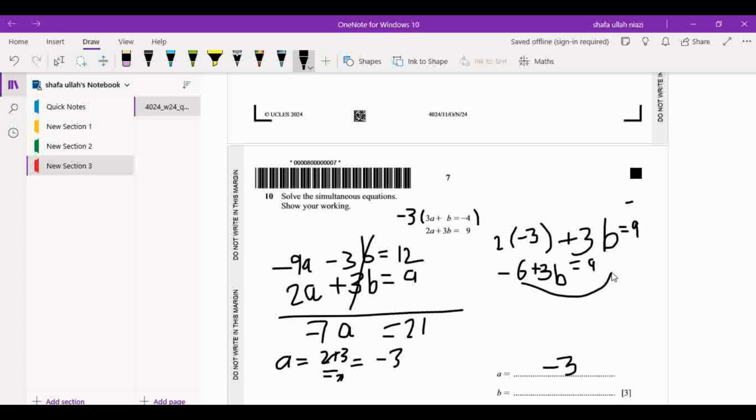So shift this 6 here, so it will become plus, so we get 3b is equal to 9 plus 6. 9 plus 6 is 15, so 3b is equal to 15. It gives b is equal to 15 over 3.